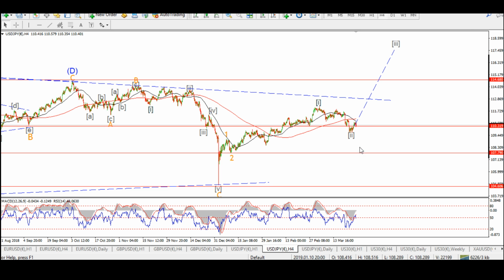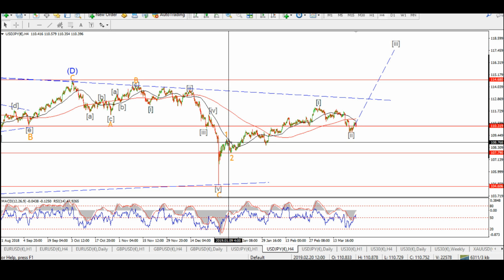So if this is a series of 1-2 patterns to the upside, we should see a wave 3 come in and accelerate, most likely above the previous wave D here, which would be the 114, 115 area. So you would expect a rally above 115 over the next, let's say, month to 6 weeks or something like that.